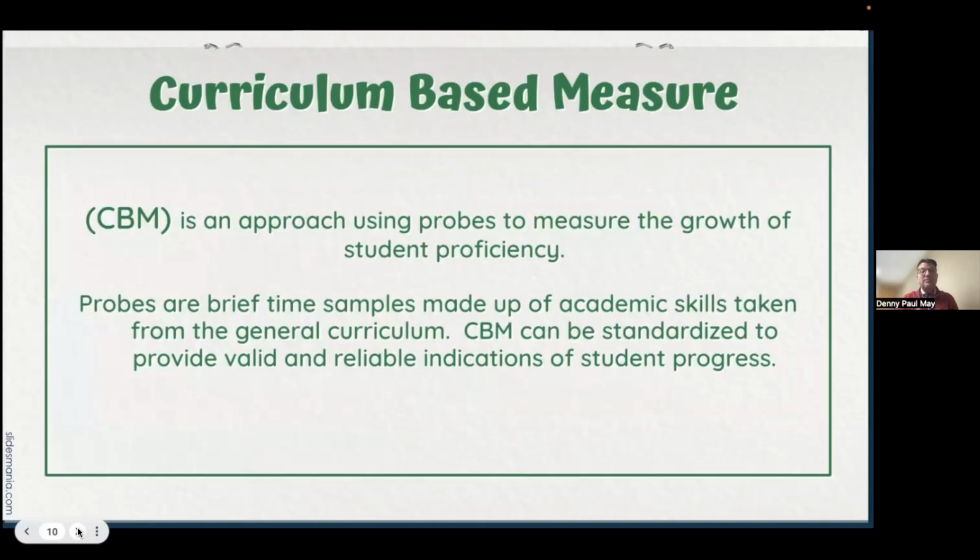So a curriculum-based measure is an approach using probes to measure the growth of student proficiency. Probes are brief time samples made up of academic skills taken from the general curriculum. CBMs can be standardized to provide valid and reliable indications of student progress. So that's what a CBM, a curriculum-based measure, is.